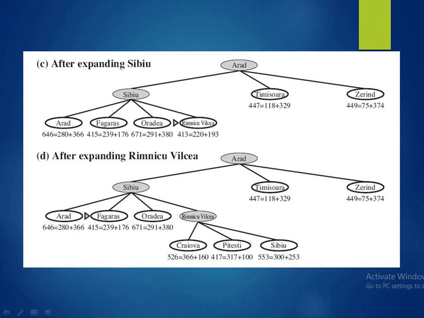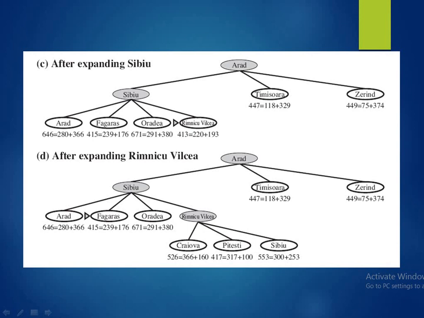In figure C here we have expanded Sibiu, as its cost is less than the remaining two cities. From Sibiu again there are four cities, that is Arad, Făgăraș, Oradea and Râmnicu Vâlcea.